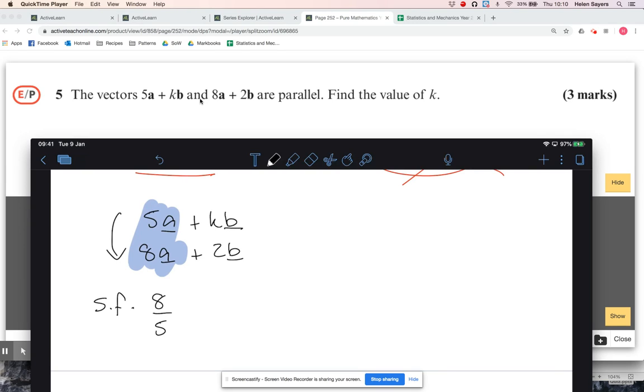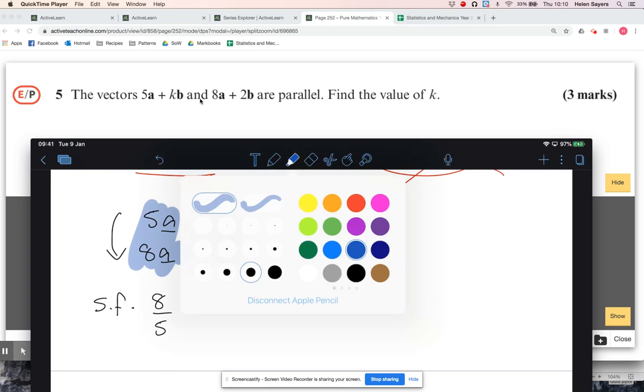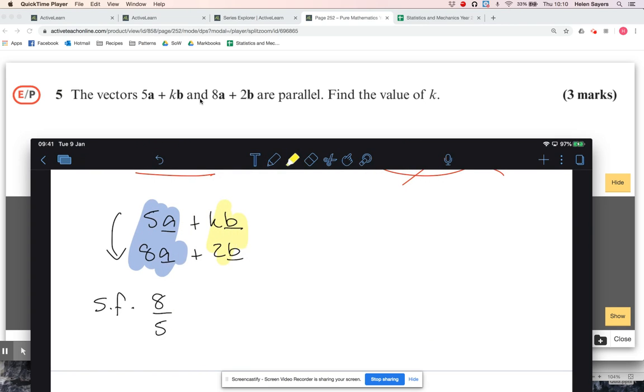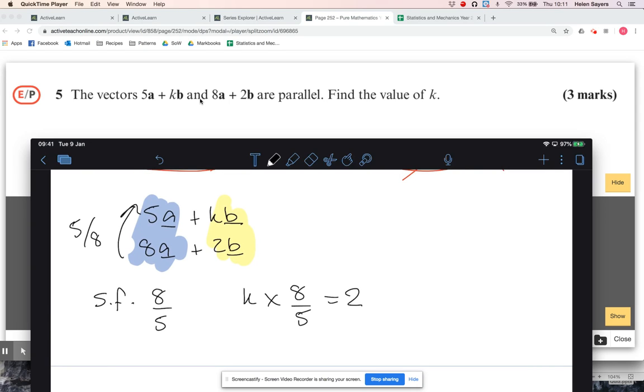Yep, so if I do 8 divided by 5, so that must mean, looking at the b vectors, that k gets multiplied by 8/5, it should give me 2. You might have gone the other way and looked at the scale factor from this one to this one, and then that would have been 5/8, and then you would have done 2 multiplied by 5/8, which is the equivalent of what I'm going to get.